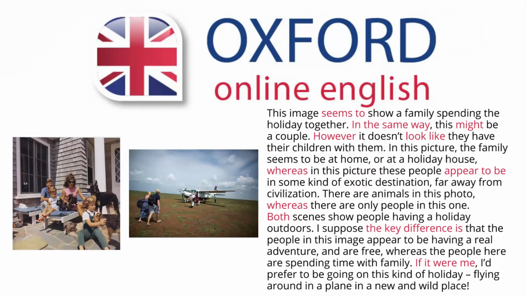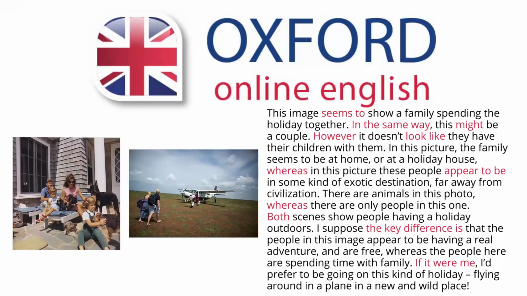This image seems to show a family spending the holiday together. In the same way, this might be a couple. However, it doesn't look like they have their children with them. In this picture, the family seems to be at home or at a holiday house, whereas in this picture, these people appear to be at some kind of exotic destination, far away from civilization.